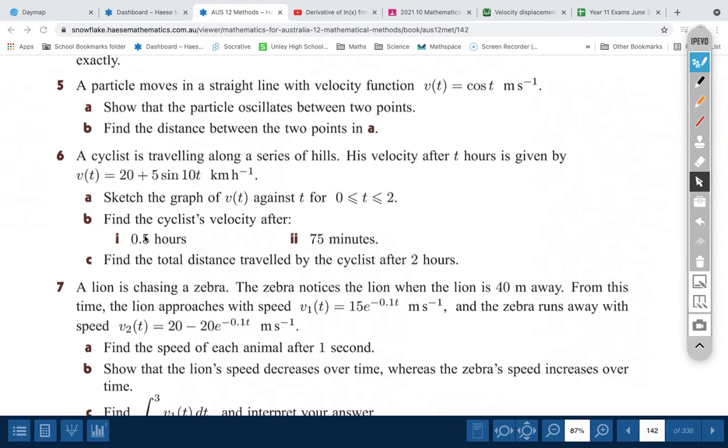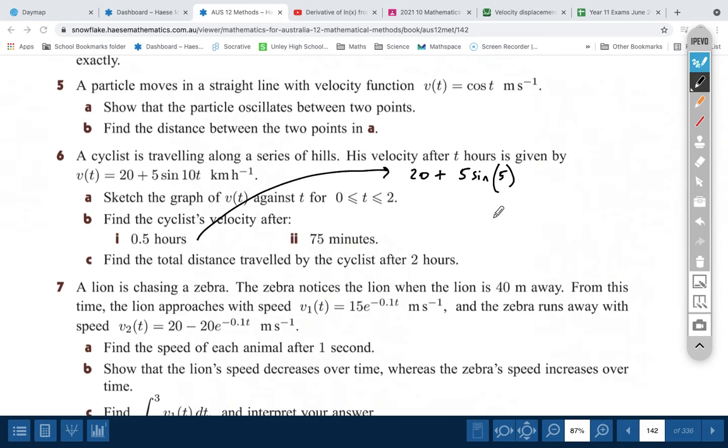Find the cyclist velocity after 0.5 hours and 75 minutes. That's just a substitution. We've got our velocity function. We're just using 0.5 as our t value. Right, so here we're doing 20 plus 5 sine 10 times 0.5, which is 5.